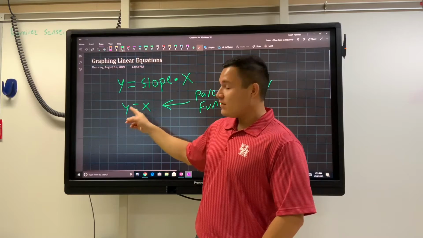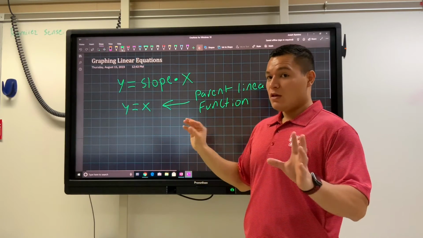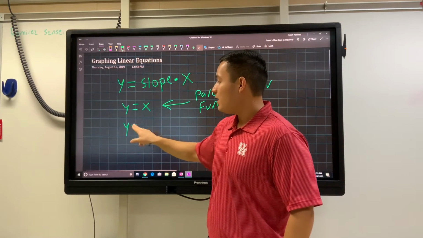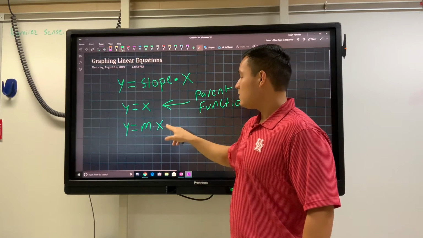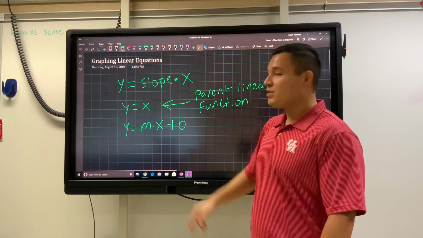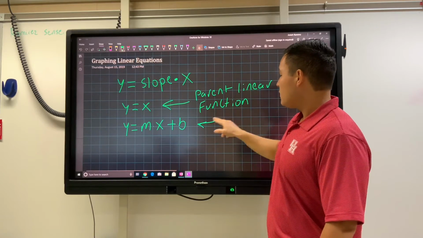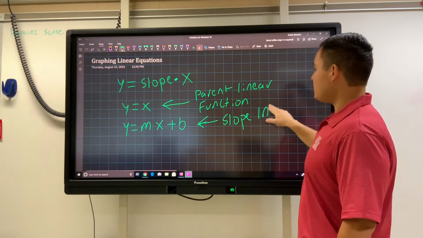The only things that you can change, if you simplify and distribute everything, all linear equations can look like y equals the slope times x plus some number. This is called slope intercept form.